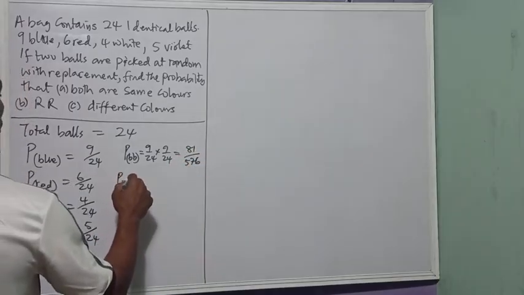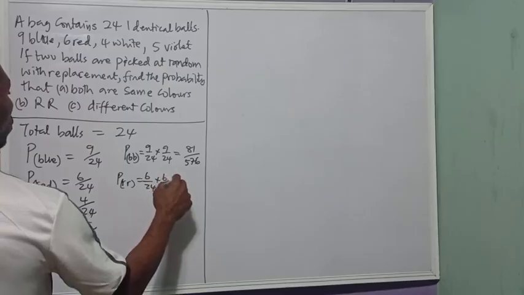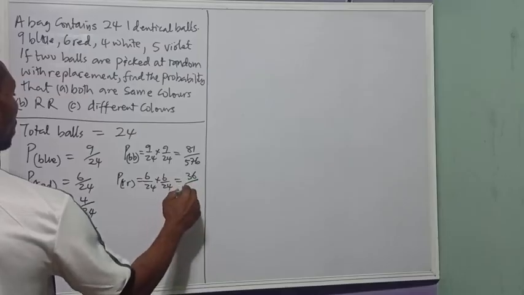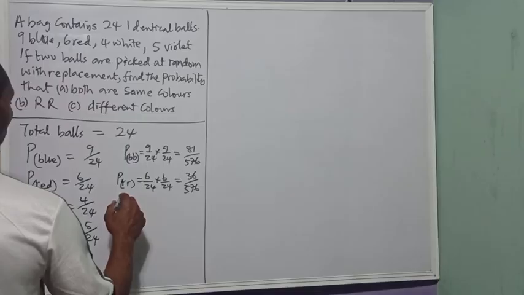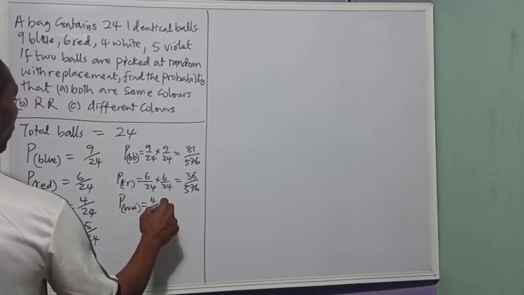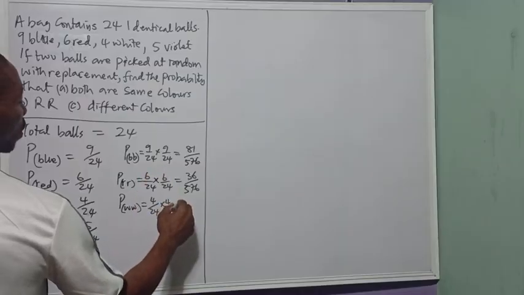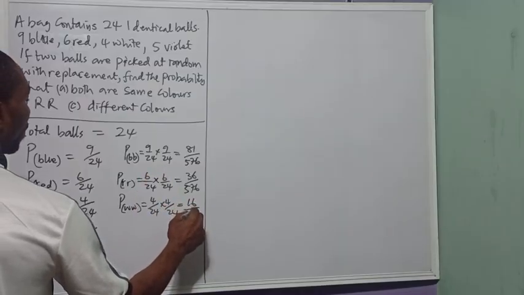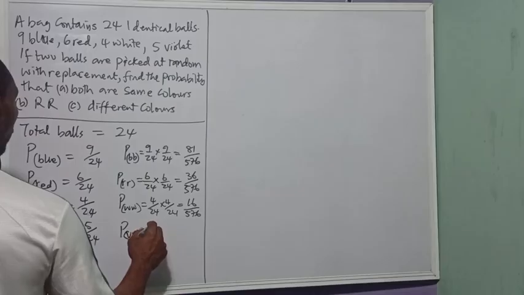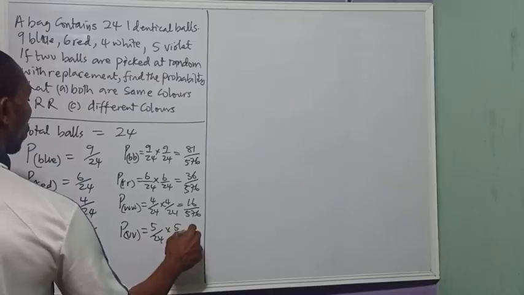Probability of red would be 6 over 24 times 6 over 24, which is 36 over 576, and probability of white would be 4/24 times 4/24, which gives us 16/576, and probability of violet will be 5/24 times 5/24, which gives us 25/576.